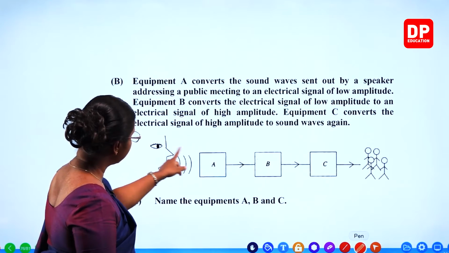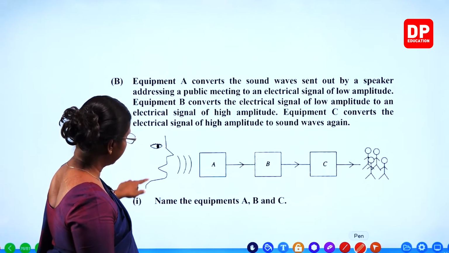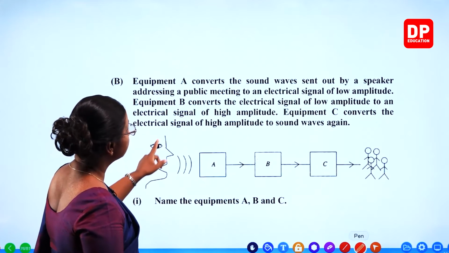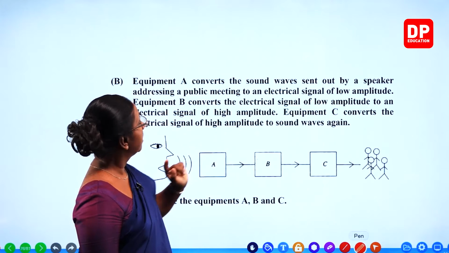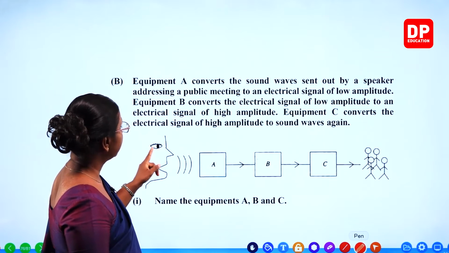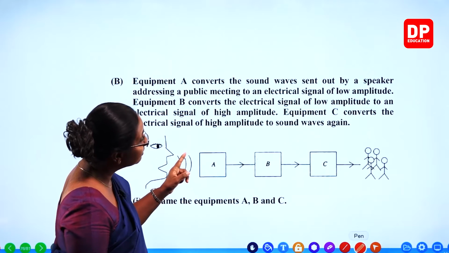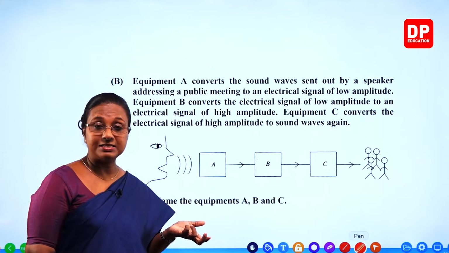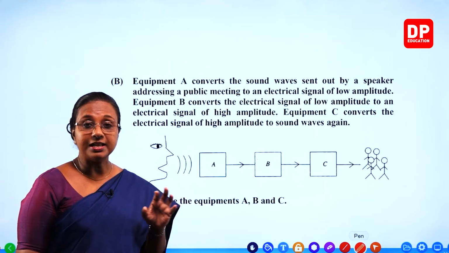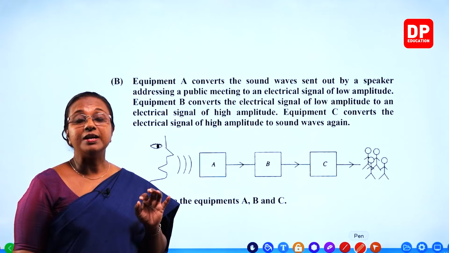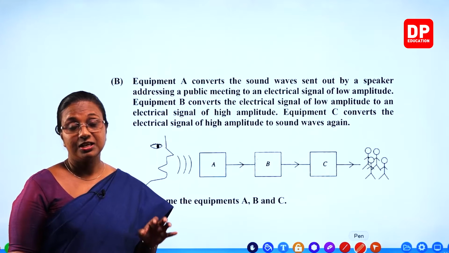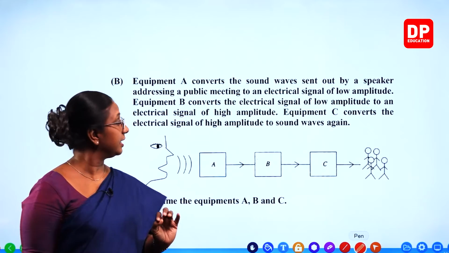Now, if we look at the question in more detail, here you can see the diagram. A speaker is speaking to the equipment A that converts the sound waves to an electric signal of low amplitude. So, it is an equipment that functions based on electromagnetic induction. It is the moving coil microphone.